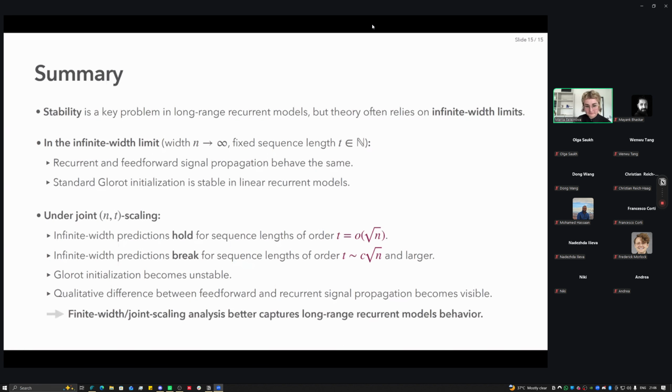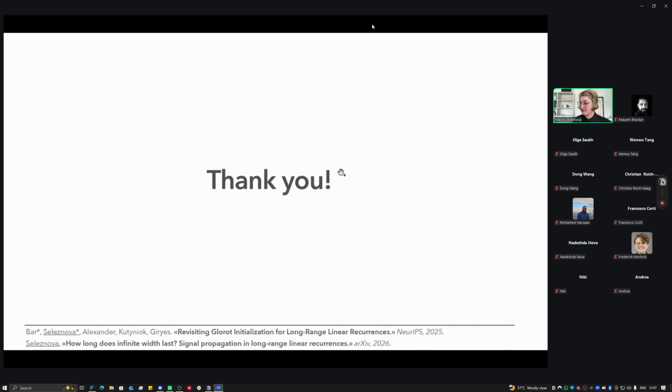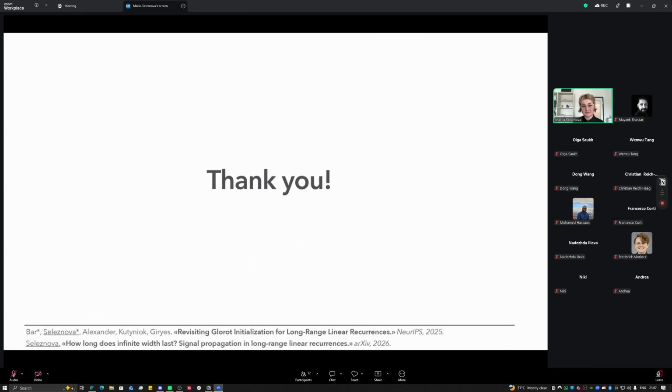So overall, this highlights that our finite width and joint scaling analysis better captures the realistic performance of long-range recurrent models. And also in general, it shows maybe the benefit of going beyond the infinite width theory in long-range problems. Okay, so that was it. Thank you for your attention, and I would be happy to take questions.